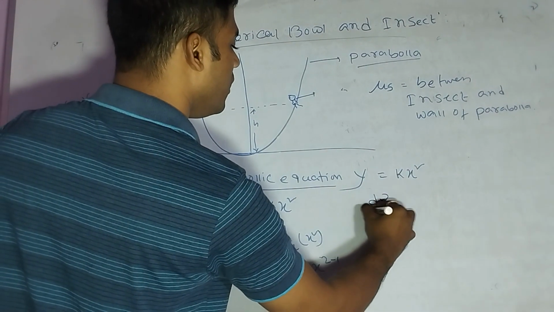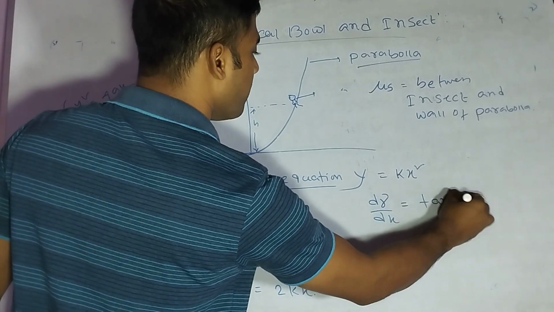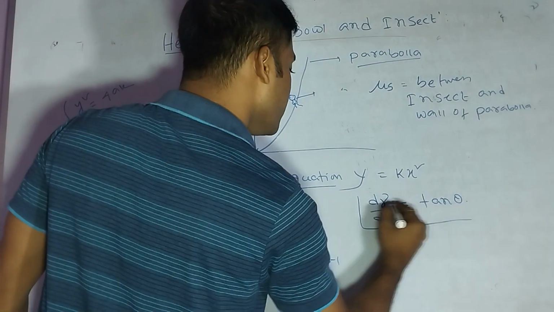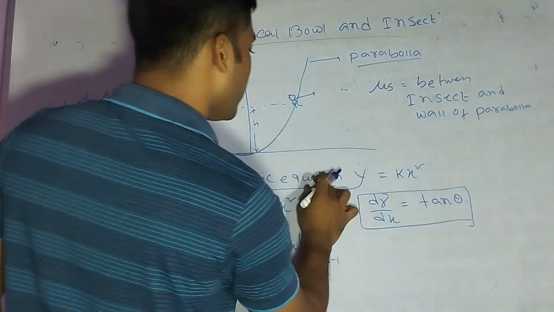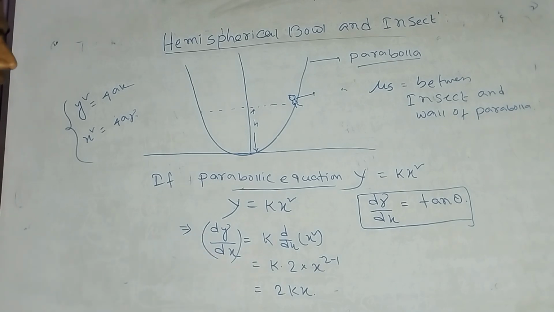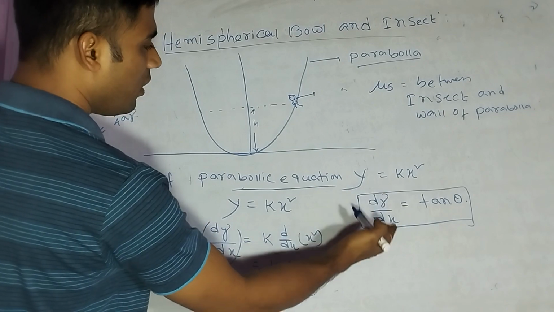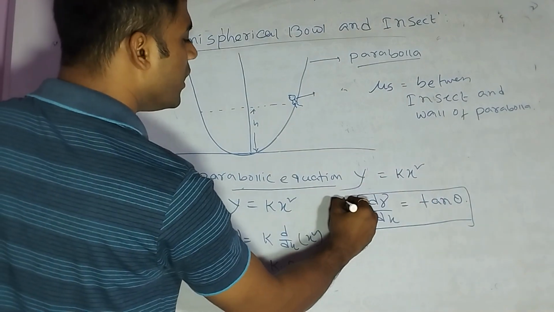This dy by dx value always equals tan theta. This is the first step: if the parabolic equation is given, first take the derivative with respect to x. The next step is that dy by dx always equals tan theta.